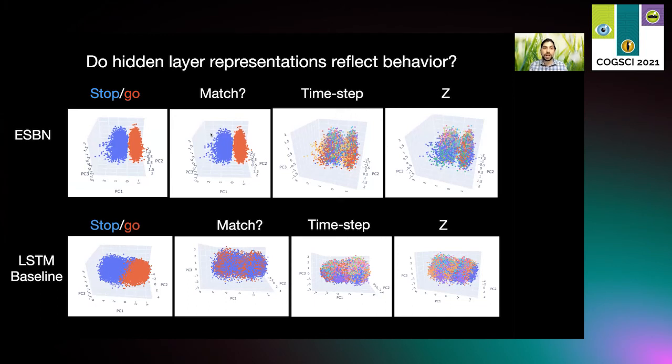And what you see is that whether the ESBN network stopped or continued is basically all based on the match between the count embedding and the instruction. So it's just performing the same different task as we thought. Whereas the LSTM baseline is entangling all these variables together, the match, the time step, and the embedding itself, in order to decide whether to stop or to continue.